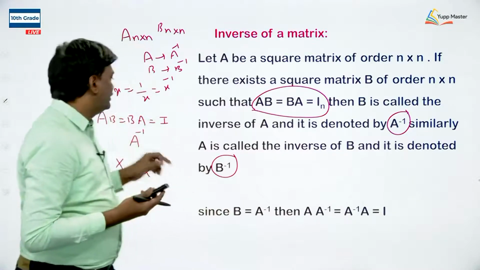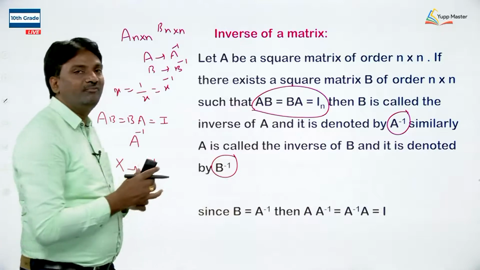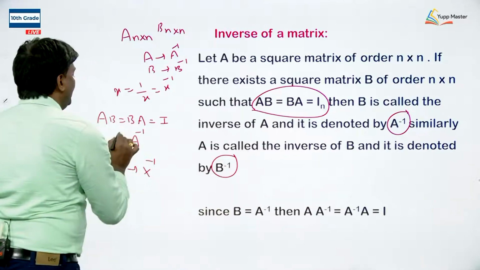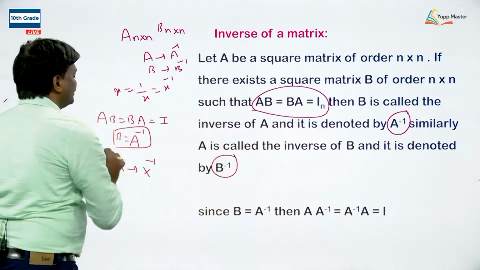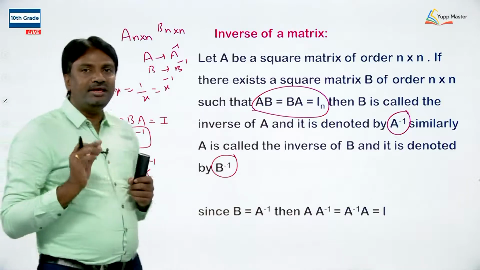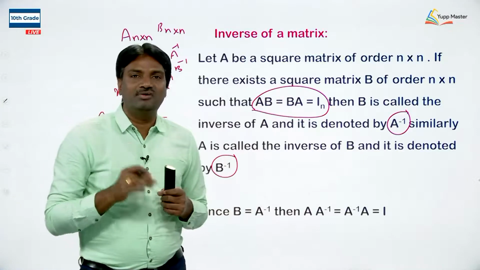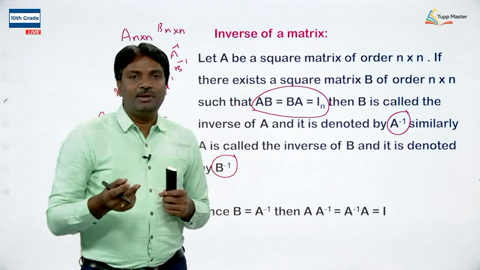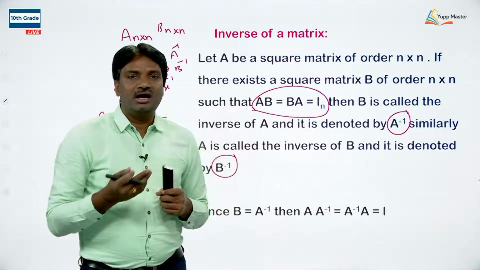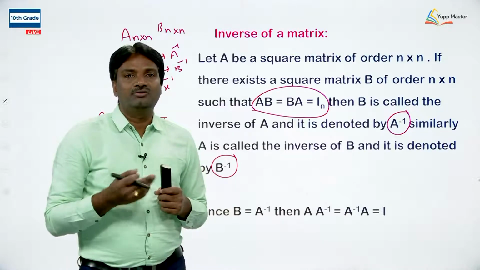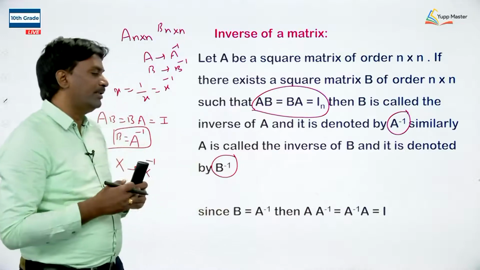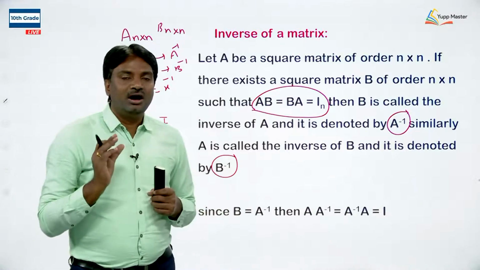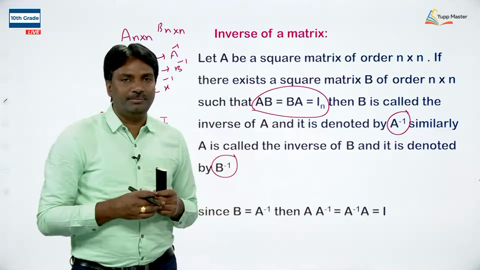So, here since B is the inverse of A, B equal to A inverse. Let us suppose that A is a square matrix of order n by n. That may be a 2 cross 2, 3 cross 3 or 4 cross 4 square matrix, whatever the order of the square matrix may be.